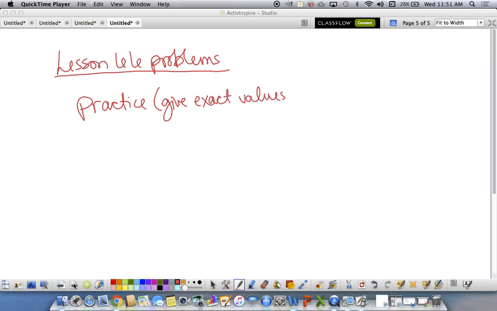You're going to do all of them, but on C, D, and E, we'll have square roots in there. And then we're simply going to do numbers 2, 3, and 4.